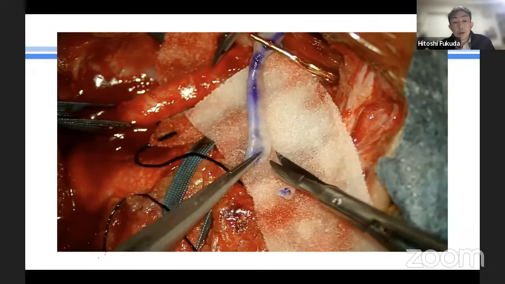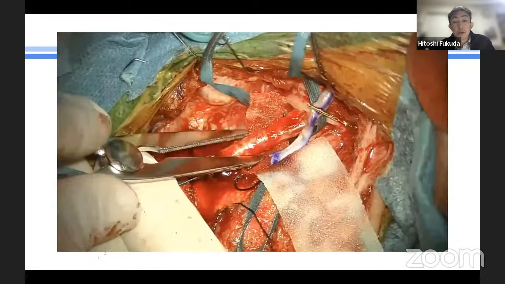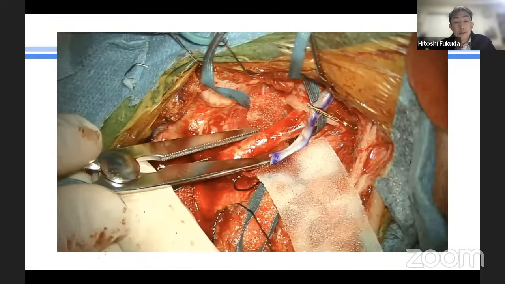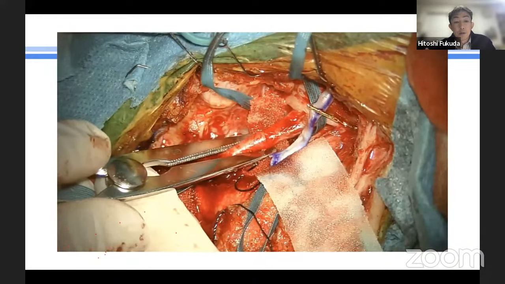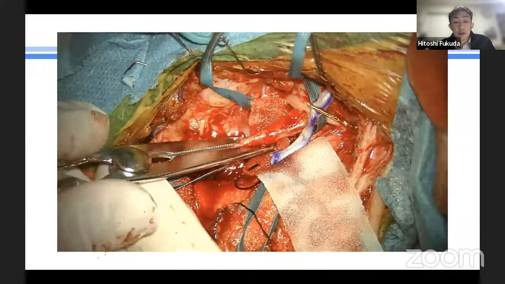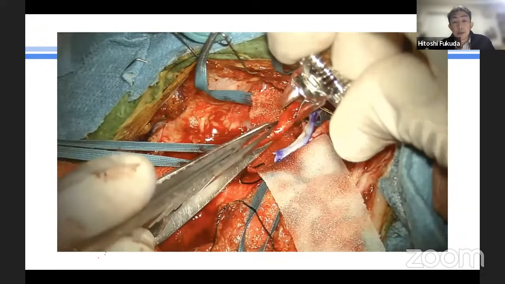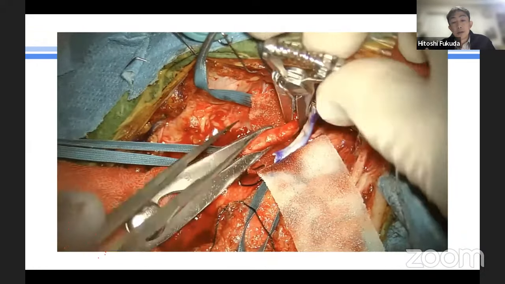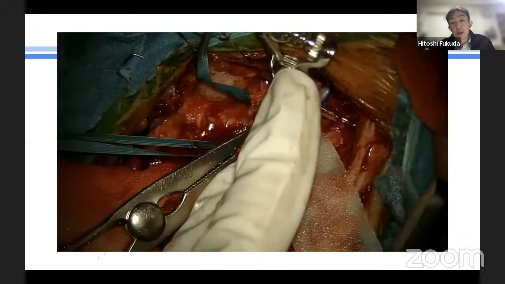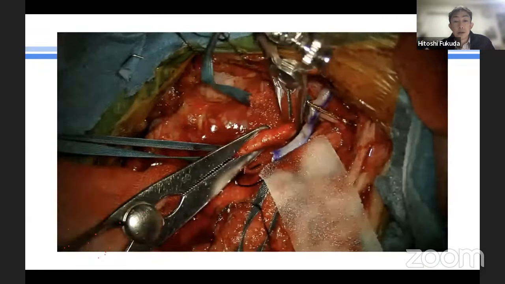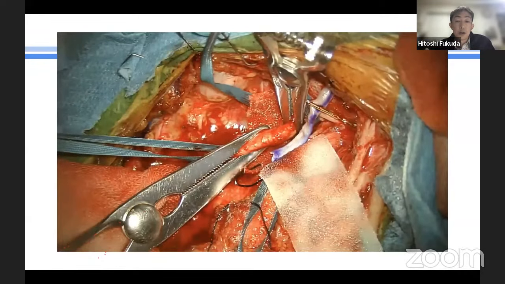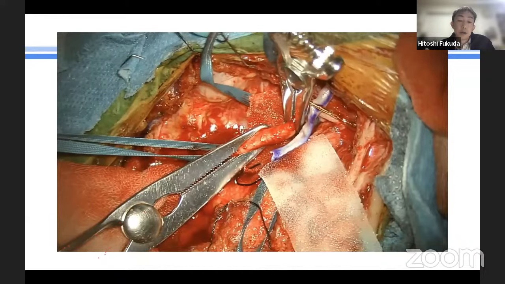Make a big fish mouth shape. And then the proximal bulldog forceps are inserted parallel to the ECA, and this is a distal forceps, which is rotated anteriorly to make a nice bypass space for the straight graft.